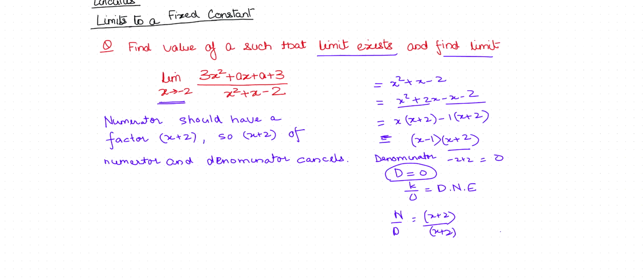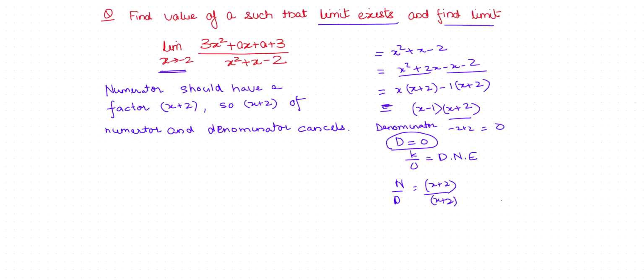So if the numerator has a factor x plus 2, then the value x equal to negative 2 should make the numerator 0.